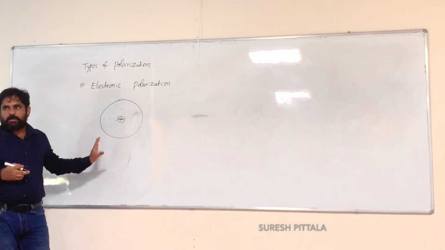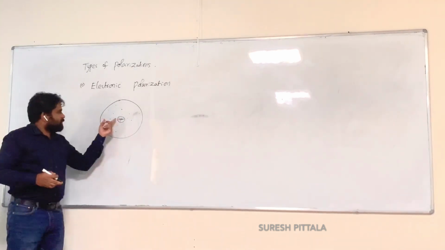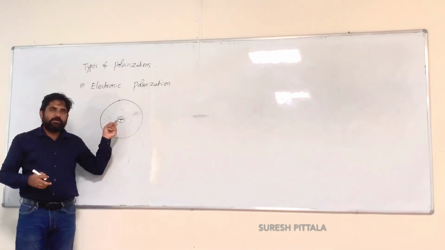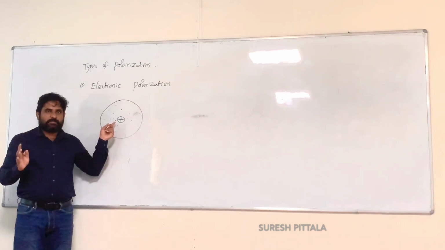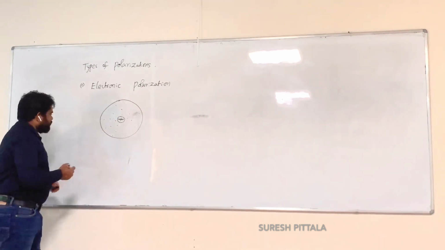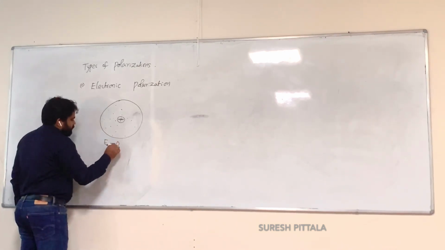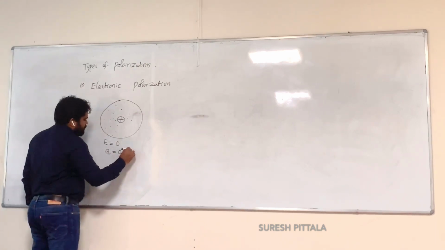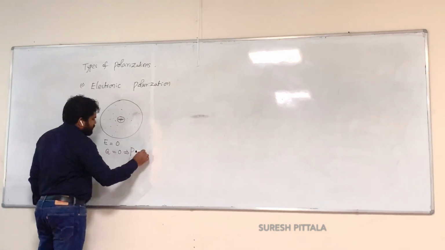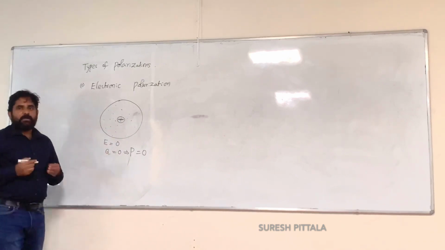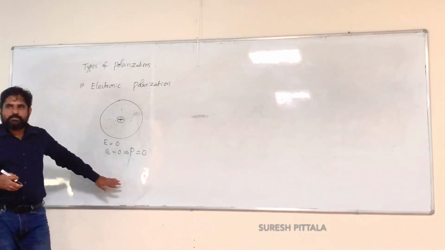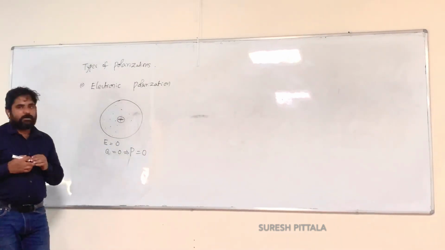This is how an atom is. What I am saying is the center of gravity of negative and the positive charges coincides. Therefore, in the absence of the electric field, you see that your total charge becomes 0, or else in specific my polarization is 0 when my electric field is 0. This is the normal case while talking about the electric field.